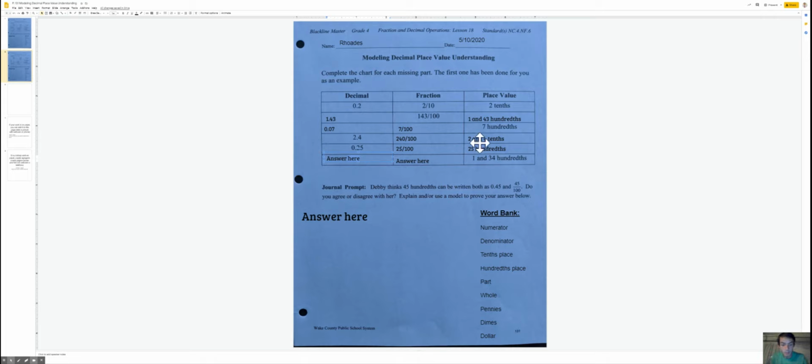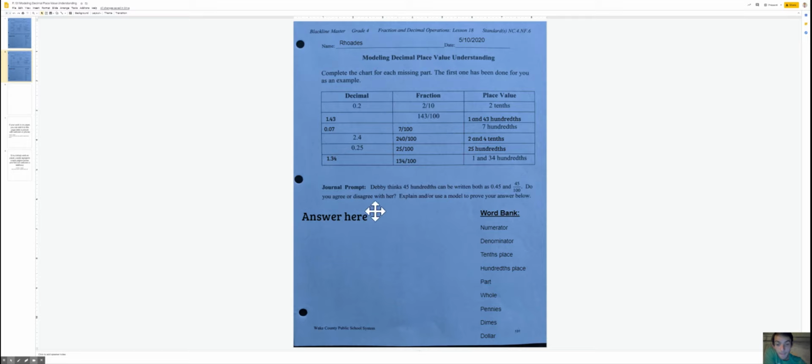So for our decimal form here, we're going to have 1.34, $1.34, or 134 out of 100. You could also make it as a mixed number, saying 1 and 34 hundredths. But we're going to keep it as an improper fraction, 134 hundredths. That is how you do the top part.